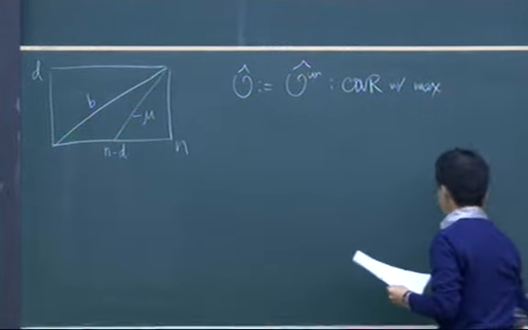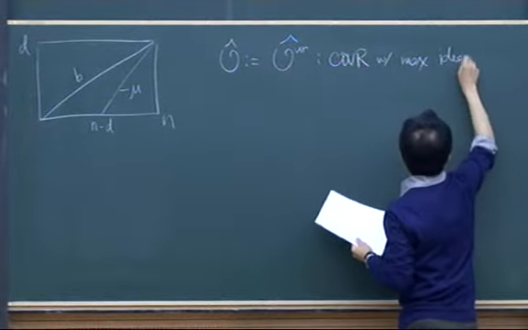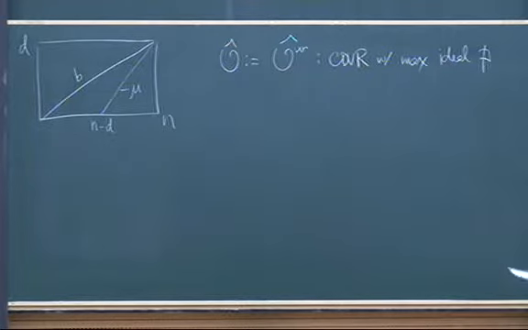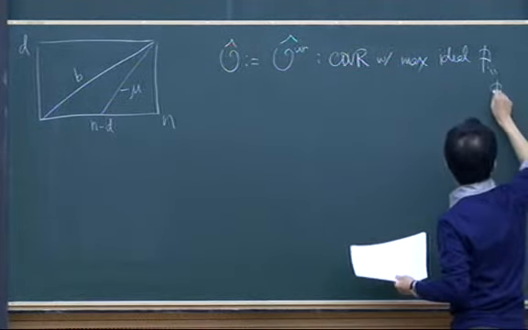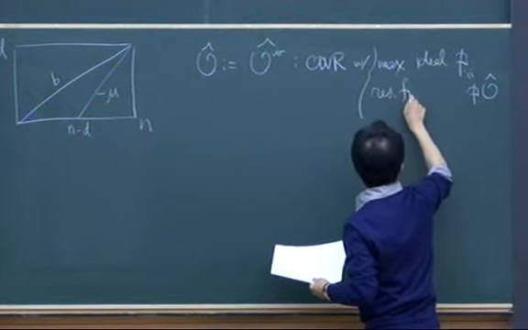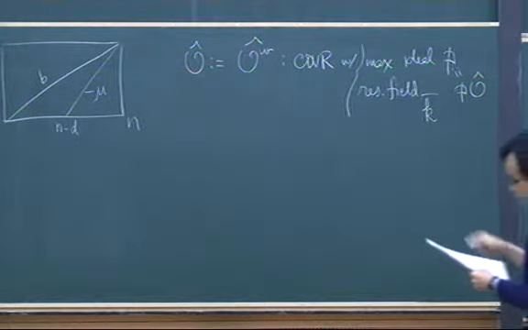Assuming this is true, this will be my base ring, with maximal ideal P. O unramified hat is the maximal unramified extension, with residue field K bar.